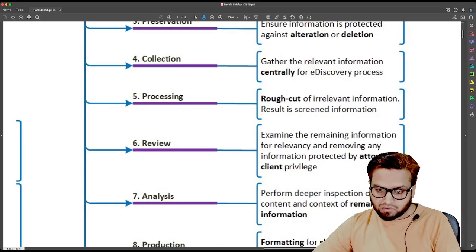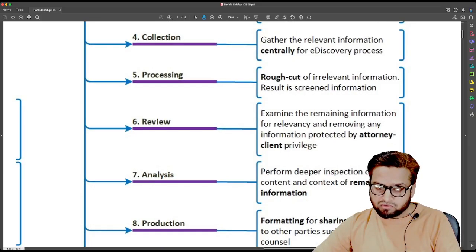Now, when we process the information, it means we make the rough cut of irrelevant information, and the result is screened information which we want to process. Now, in review, what we do is examine the remaining information for relevancy and remove any information protected by attorney-client privilege.